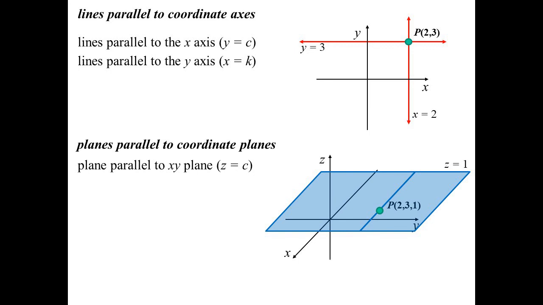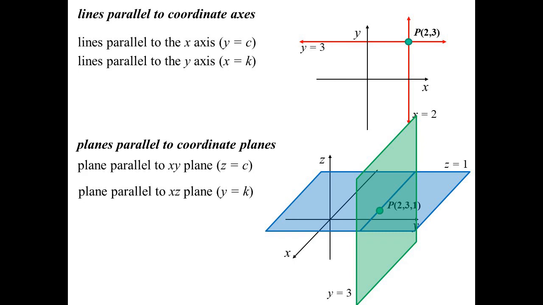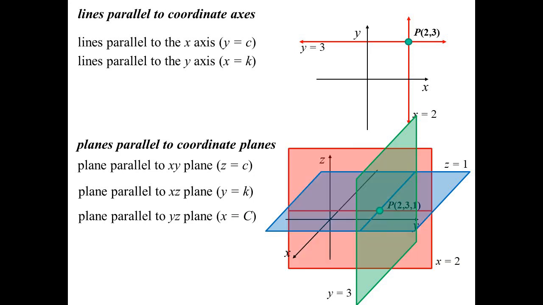Parallel to the xz plane would be y equals a constant number. So on that green one there, any point would have a y value of 3. And the third one would be when it's parallel to the yz plane, the red one there, and that would be when x equals 2. There are similar ideas, but we're just pushing it through to a third dimension.